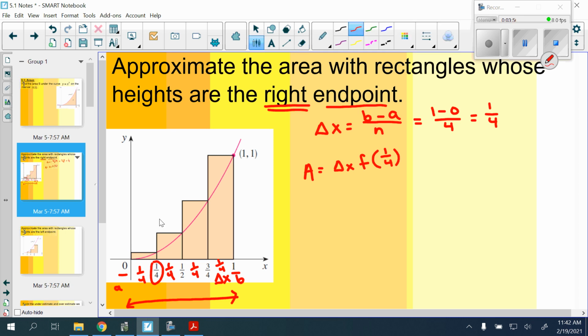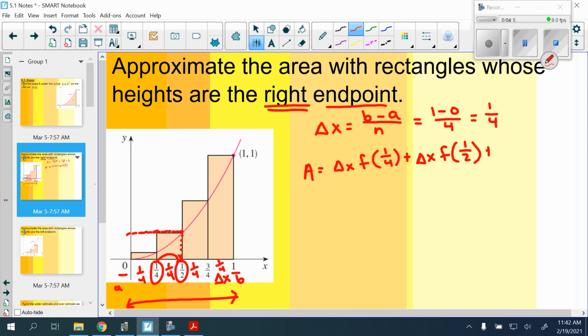Our next rectangle would again have a width of change in x, and its function value would be if we moved another 1/4. So if we added a fourth and a fourth, now we're at a half. So the height is going to be the function value at a half. Because whatever that y value is at, if we follow 1/2 up, the y value at a half would be the height of this one.